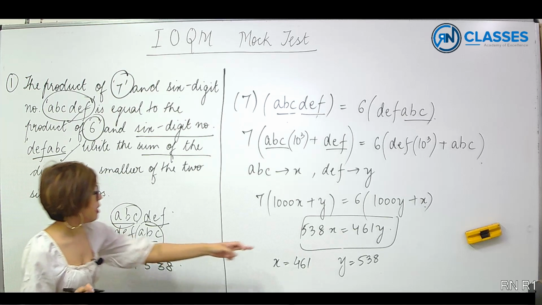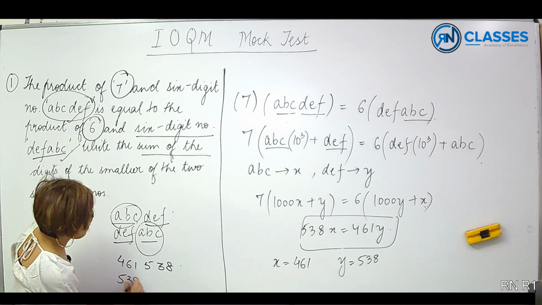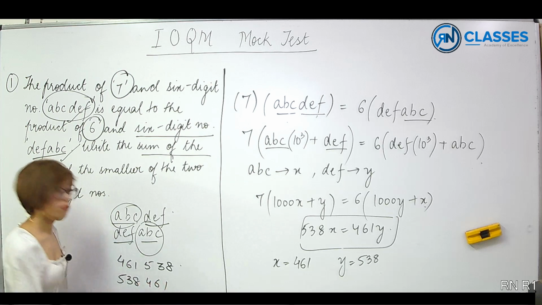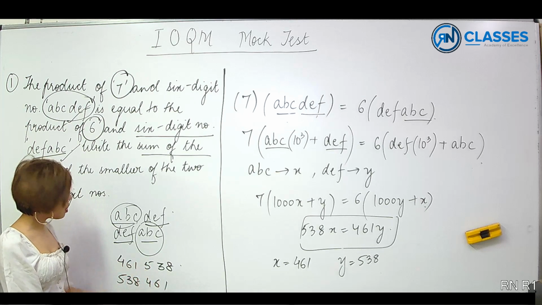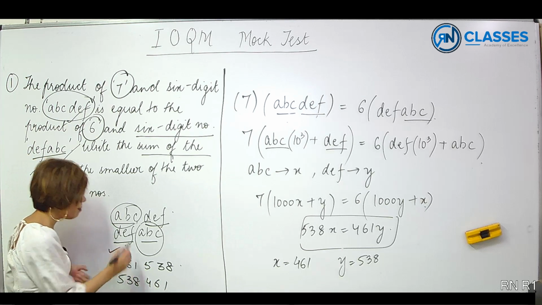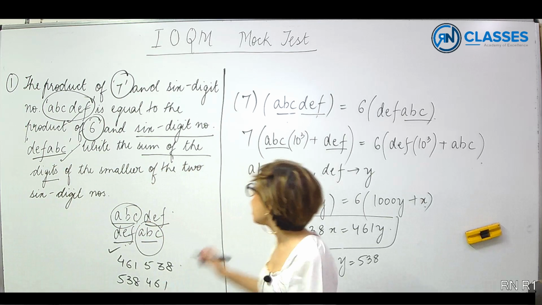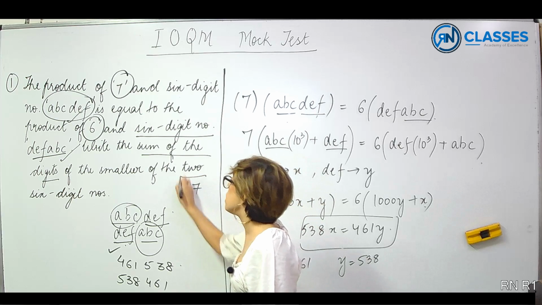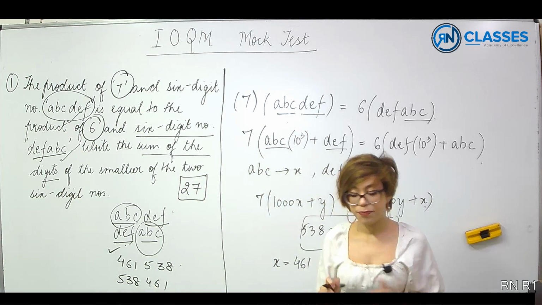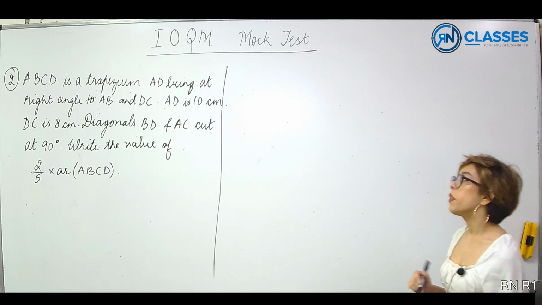Second number is 538 and 461. Right? My 6-digit number. Now, which is the smaller of the two? Obviously, this one. You can just add 3 digits and you will get the answer as 27, which is the correct answer. Alright. On to the next one.